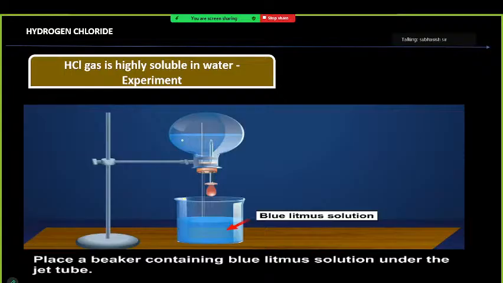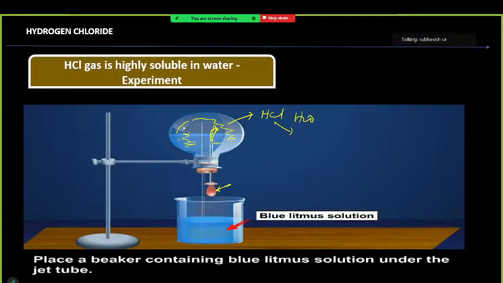After that, you use this dropper, and the water present inside the dropper moves out into the round bottom flask. Now already some hydrogen chloride is present, but due to the presence of water, this hydrogen chloride is dissolved in water.